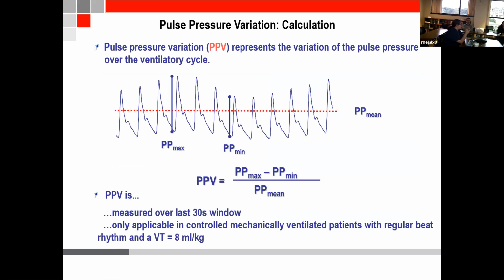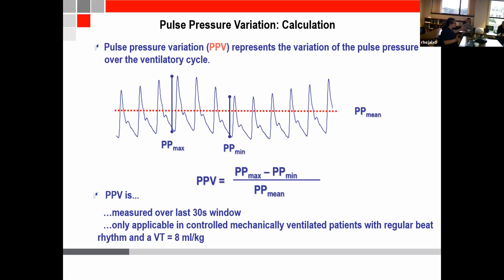In ventilated patients, it's a very easy thing. You have a ventilator, and if you have an arterial line and you're able to determine this, every time there's a breath in, you will be able to tell: during inspiration it decreases, during expiration it gets bigger. And if you have this variation between the two, you don't even need to make a calculation, this person is going to be volume responsive.